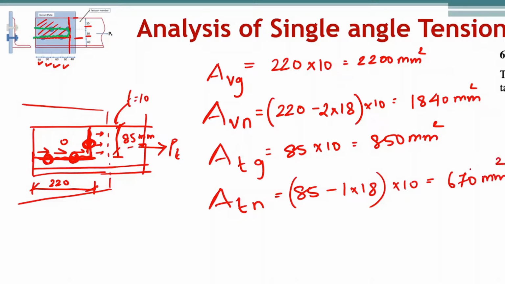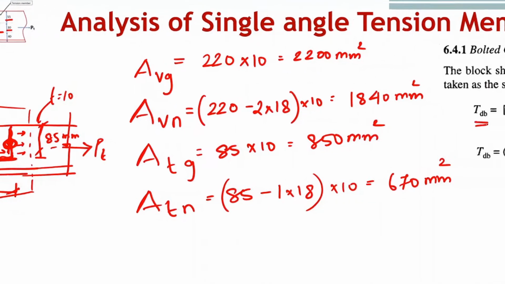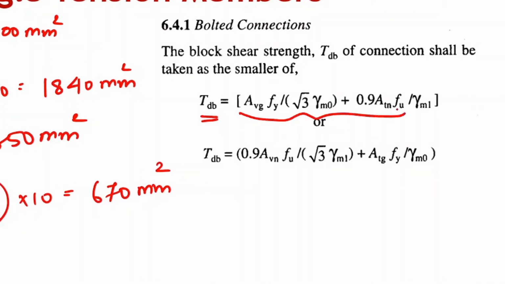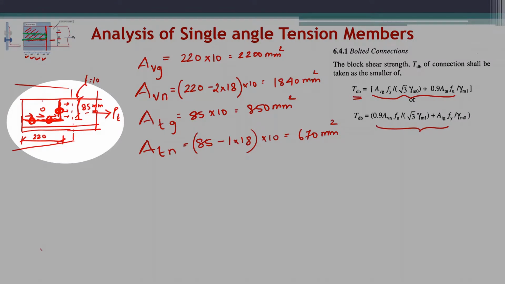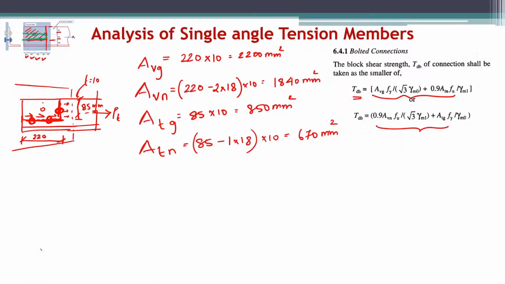Now let's substitute that in the equation for TdB. Again, you have two equations. We need to substitute in both equations. Whichever is least is the block shear strength of this failure pattern. Again, we have one more failure pattern, and we need to calculate the block shear strength for that failure pattern, which is marked in green also.